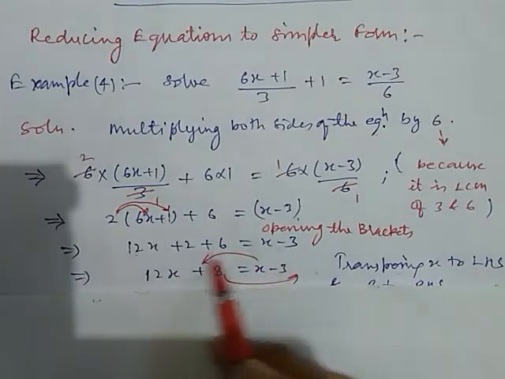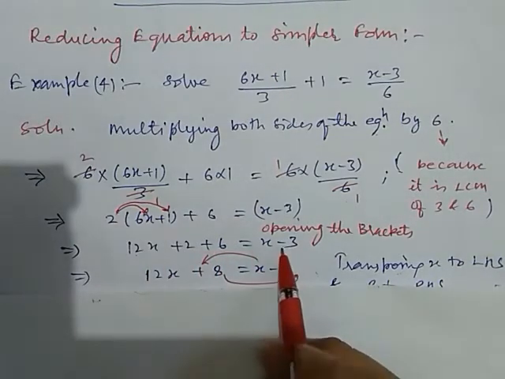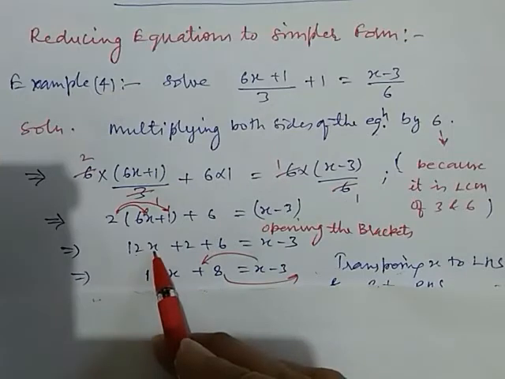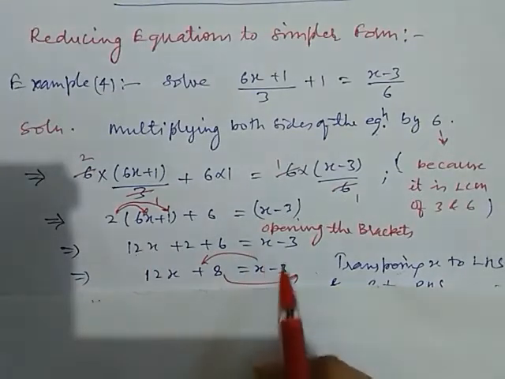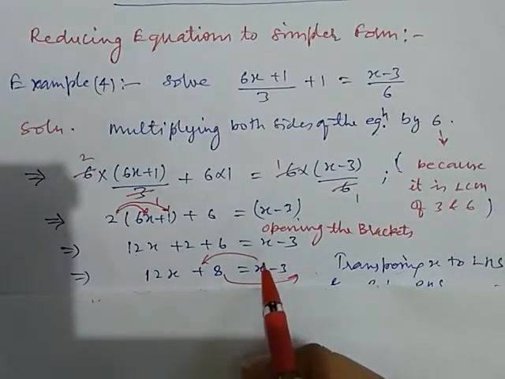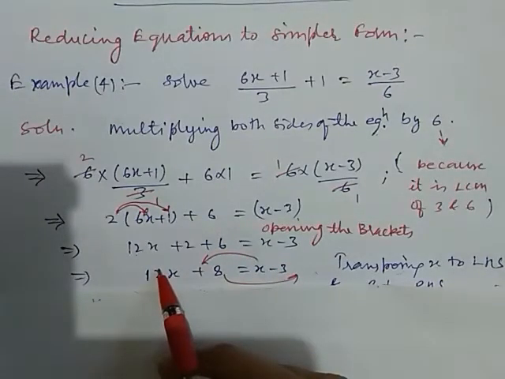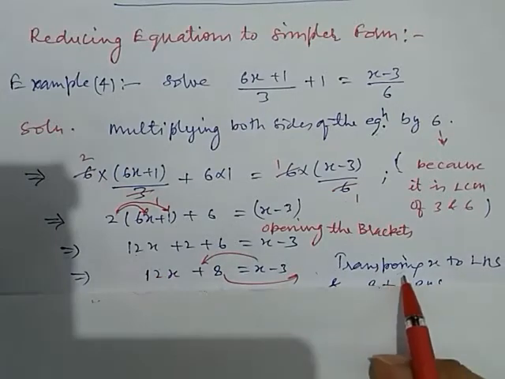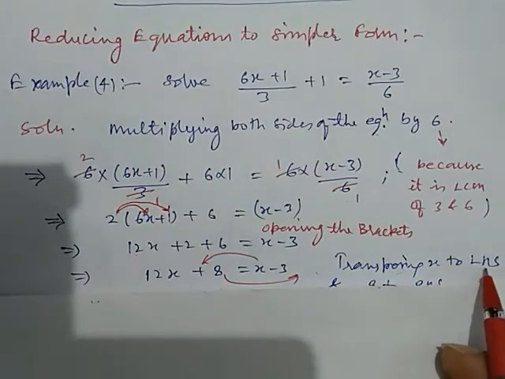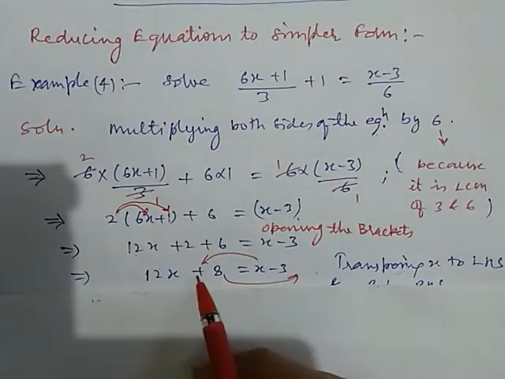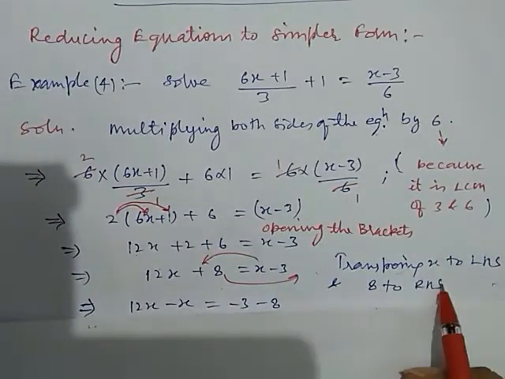Now what do we want? We want to separate the variables. So what do we have to do? We move x from here to the left hand side. We say that we are transposing x to LHS and adding to RHS.